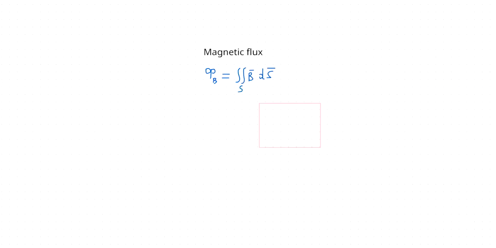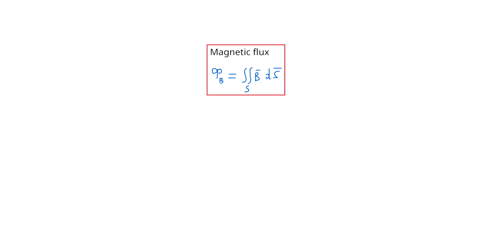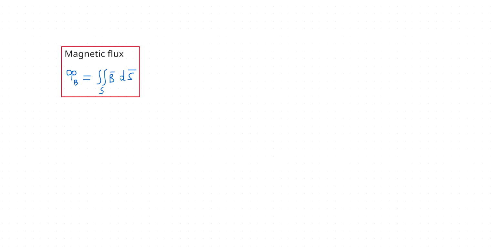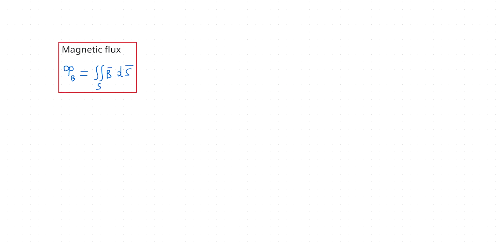Now this is magnetic flux. And it is necessary to say that it is an important physical value, and because of this there are special units for this. Special units Webers, and 1 Weber is equal to 1 Tesla multiplied by 1 square meter.